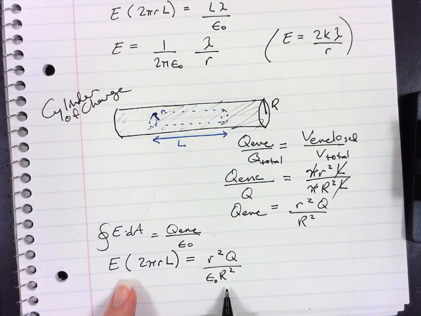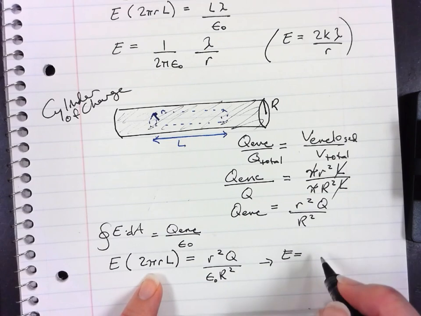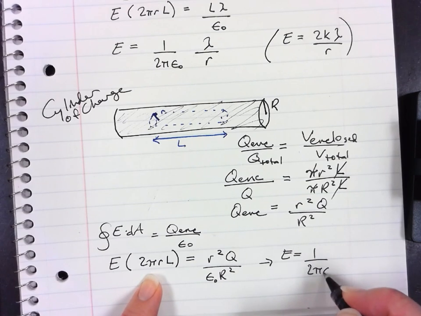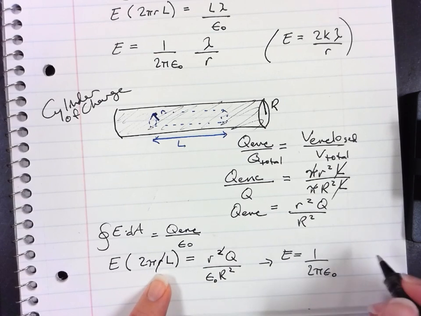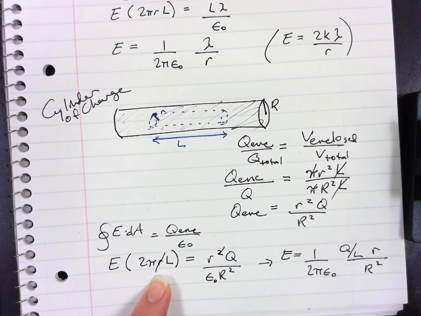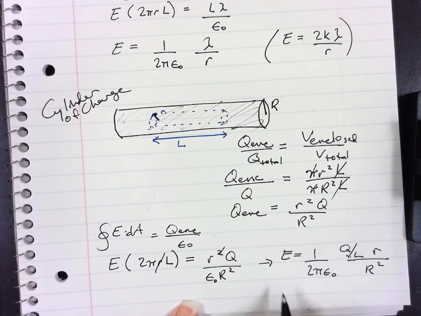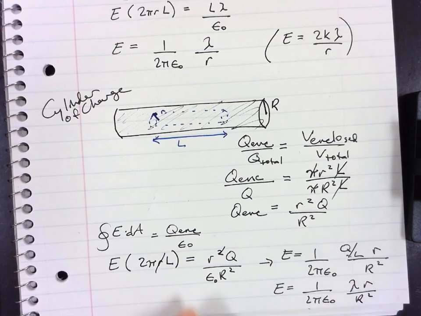And so to finish this, E equals 1 over 2 pi epsilon naught. One of the r's cancels out, but we have Q over L, and I'm writing it that way on purpose, times r over R squared. This is our lambda. I wanted to recover that: 1 over 2 pi epsilon naught lambda r over big R squared.